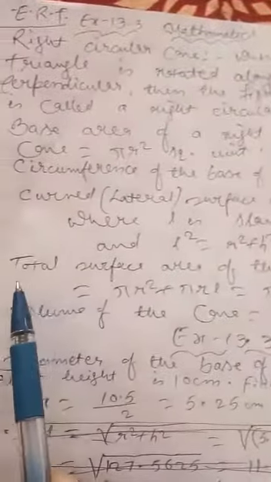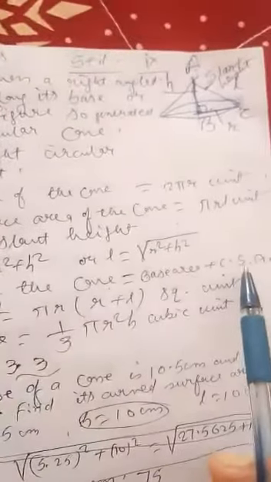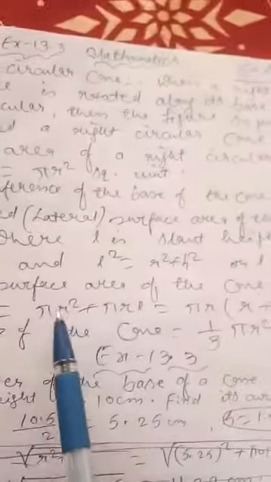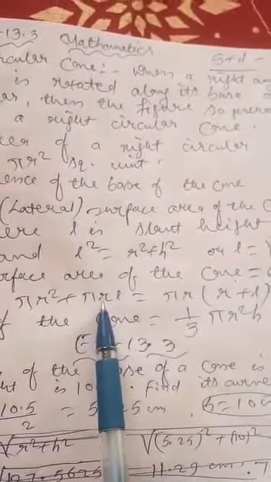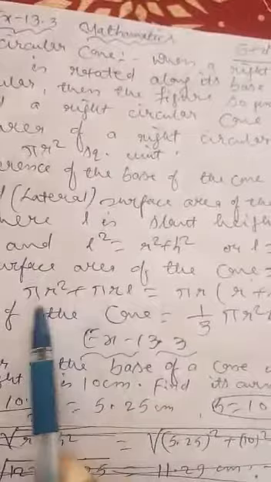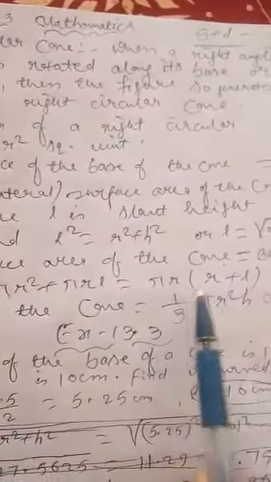We can find total surface area of the cone is equal to base area plus curved surface area. Base area is pi r square, curved surface area is pi r L, and if you take pi r common, then pi r into r plus L square unit.